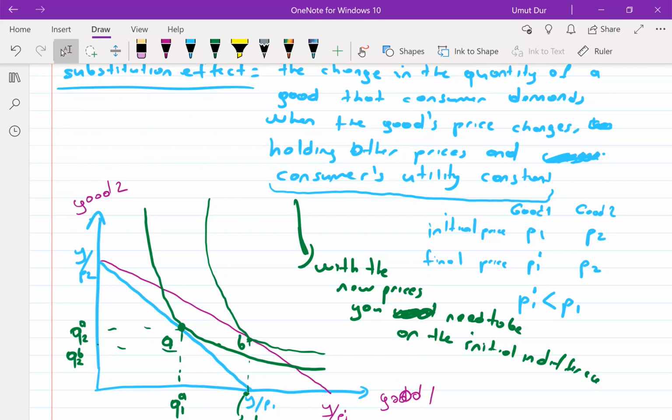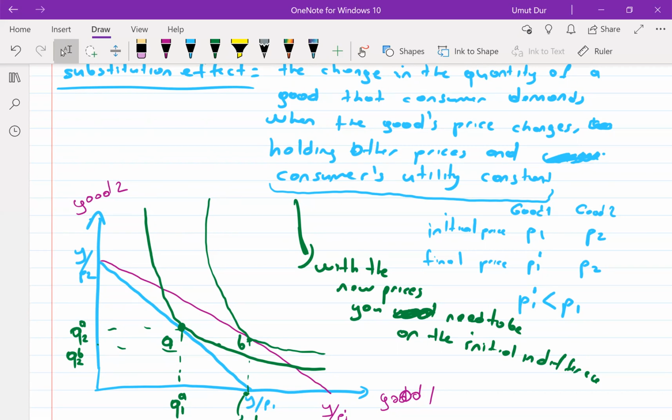So what I would like to do is basically with the new prices, I would like to be on my initial indifference curve. The reason is I would like to exclude the change coming from my increase in the purchasing power. Peki ben bunu nasıl yapabilirim? How can I do this?